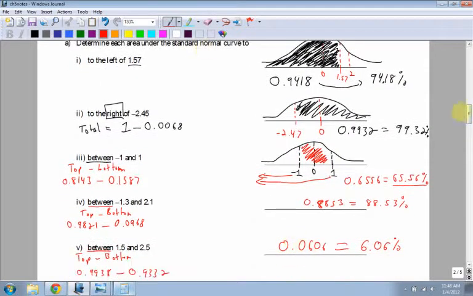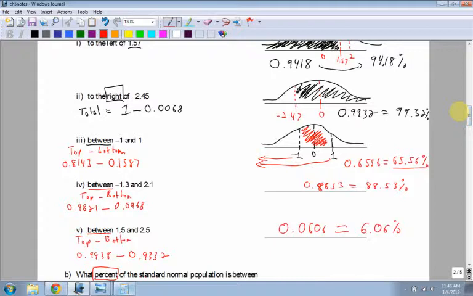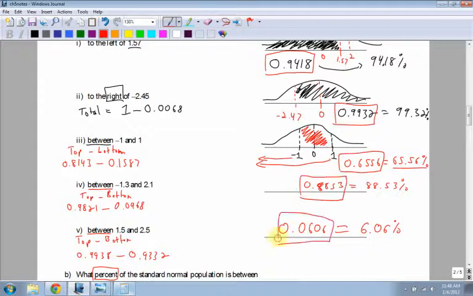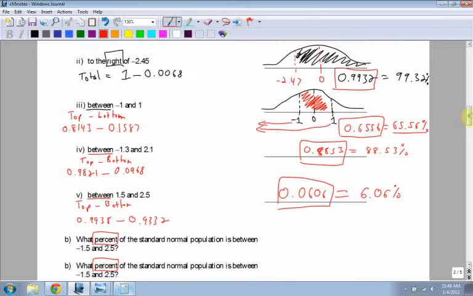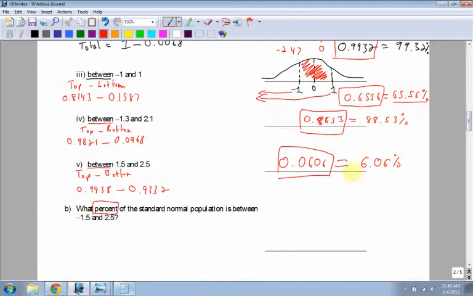So the area is the first number: the 0.9418, the 0.99, the 0.66. That's the area underneath the curve. If it asks for a percent, you need to convert it to a percent.